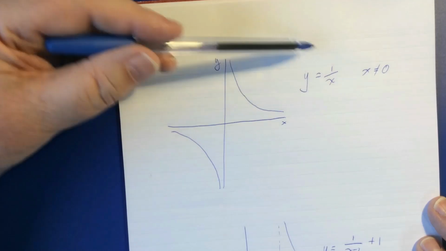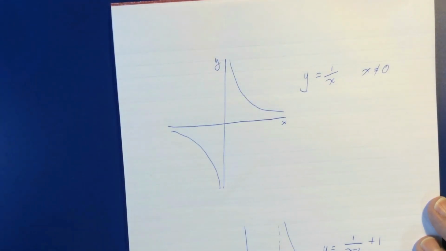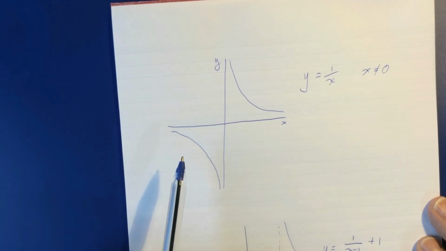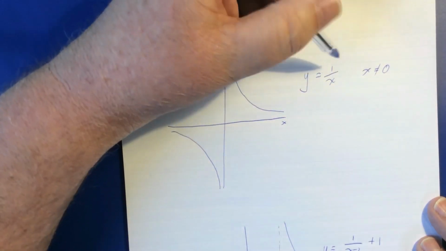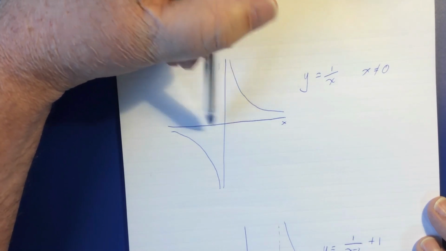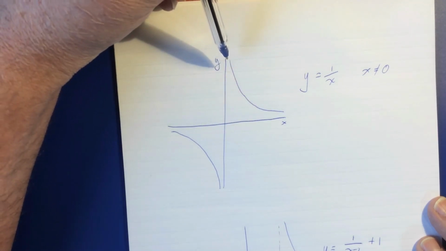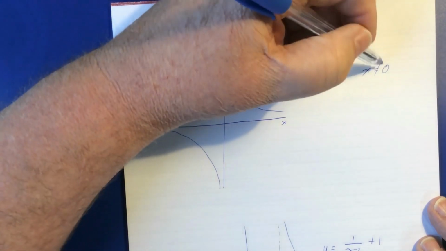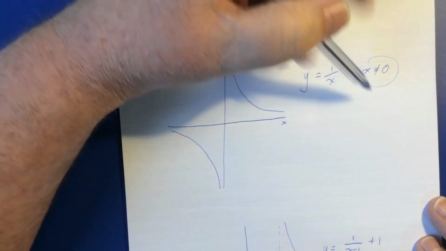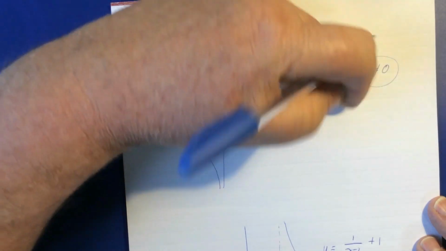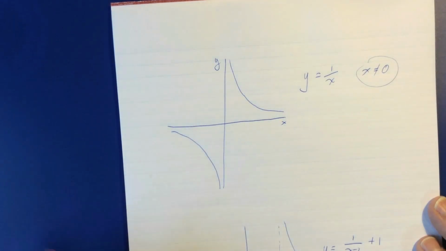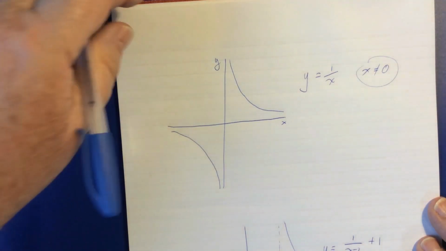We can move these graphs about, and I'll show you one in a minute where we do. But anyway, x can't equal 0, and therefore y can't equal 0 either. But the domain of this is all real numbers except for 0, and we can imply from that that the range includes all numbers except 0.